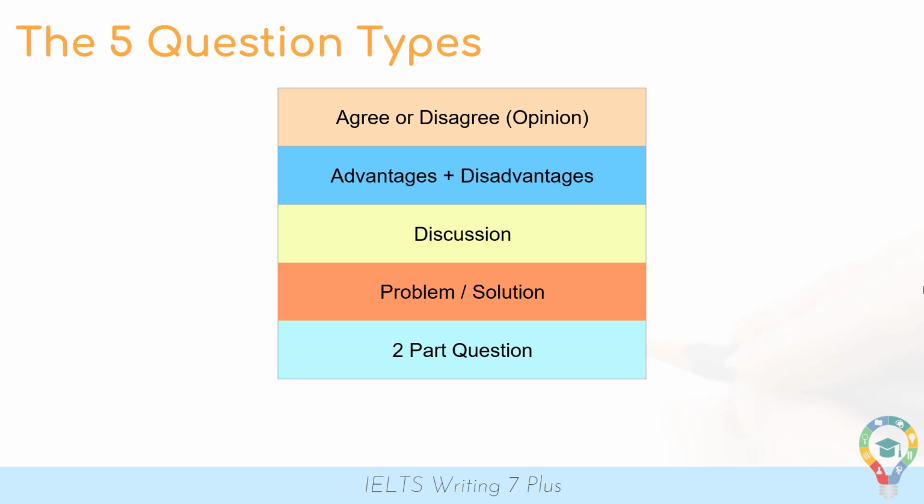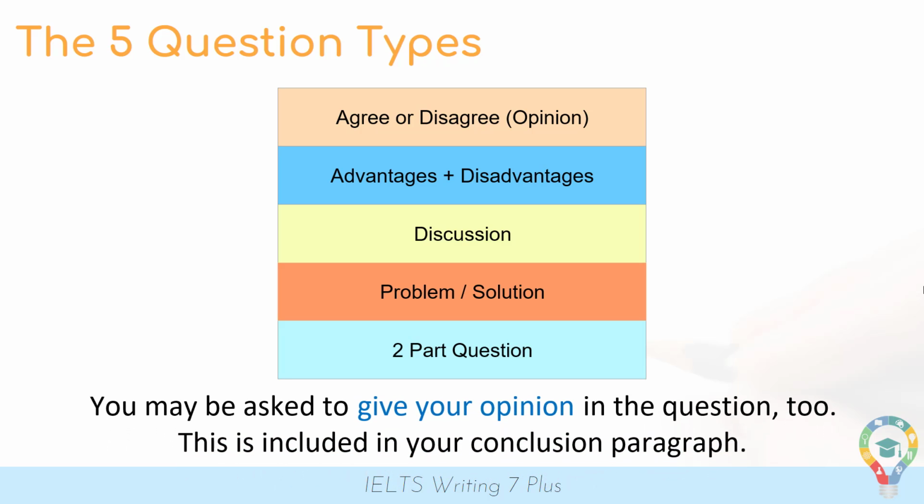So we have an agree or disagree question, advantages and disadvantages, a discussion type question, problem and solution, and a 2-part question. You'll notice that for the agree or disagree question, you are going to have to give your opinion throughout the essay.